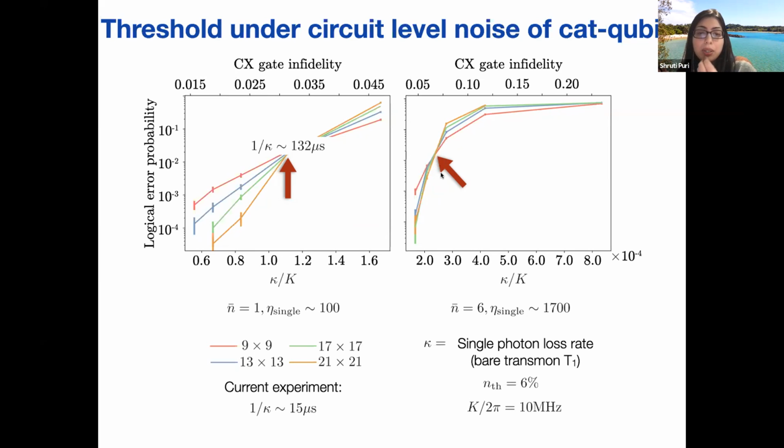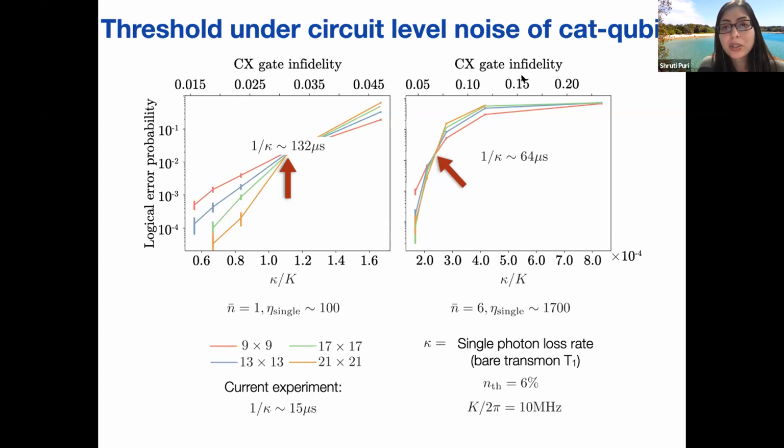And here the threshold happens at kappa over Kerr of about 3, which means 1 over kappa, or the T1 lifetime of your transmon, is about 64 microseconds. So now, really, it's not that far away. Basically what this is showing you is that if Nick just puts in a little bit more effort and makes a slightly better cavity, he'll already be below the threshold limit.